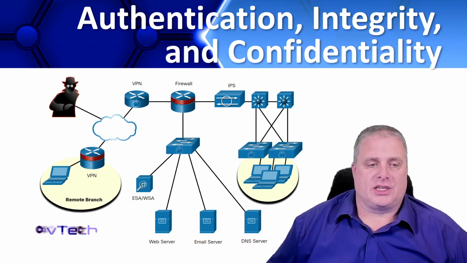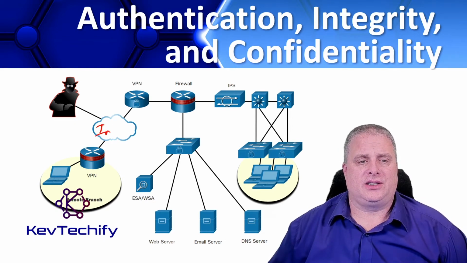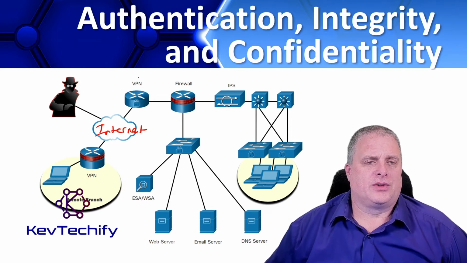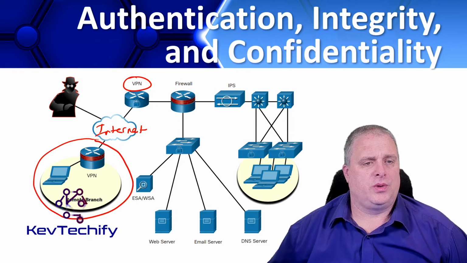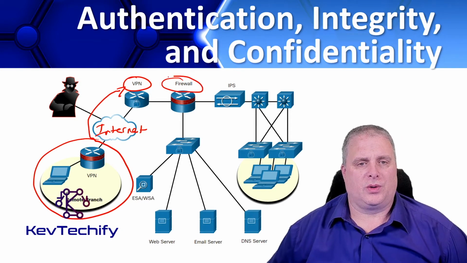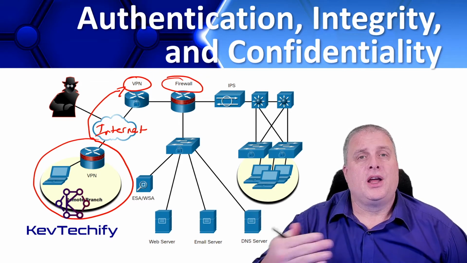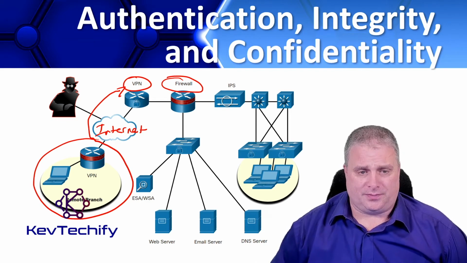But here we can see that starting from the internet, we provide ourselves with a VPN server, so that our remote branches and remote users can connect into that. Then traffic goes to the firewall. This is where we set up rules to allow or disallow traffic based upon your company's security policy.